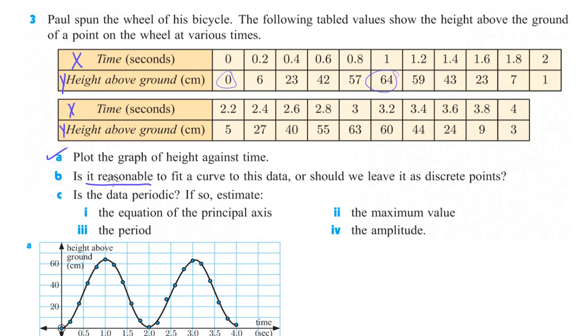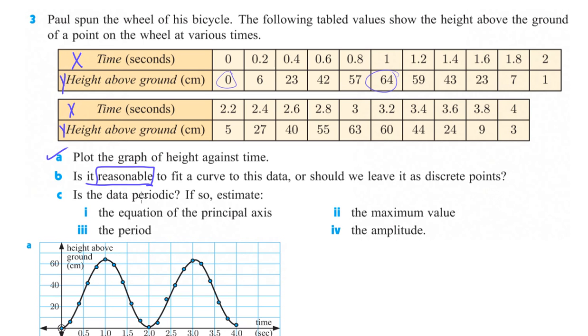Discrete points would mean it wouldn't necessarily connect right between, like this 0.5 might not exist, or it might be way down here or way up there. So then that would be a spot where you would leave it as discrete points.